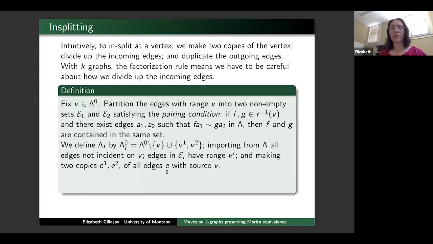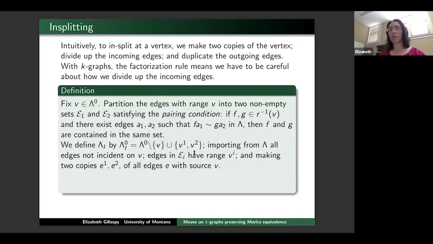And then we make two copies, E1 and E2, of all the edges that had source v, and the edges E1 are going to have source v1 and edges E2 are going to have source v2. So that tells us what the graph is, and it essentially tells us what the coloring is. Any edge's color is going to just be the color that it had in the original k-graph.